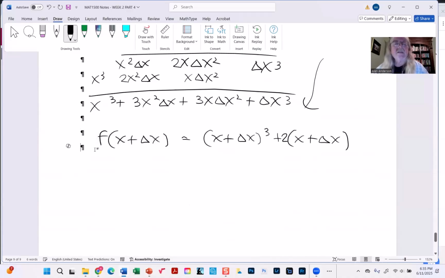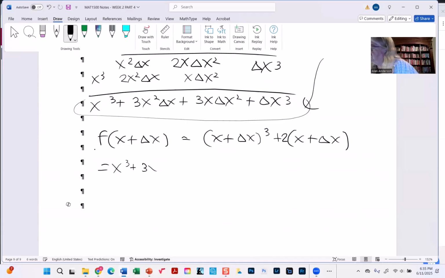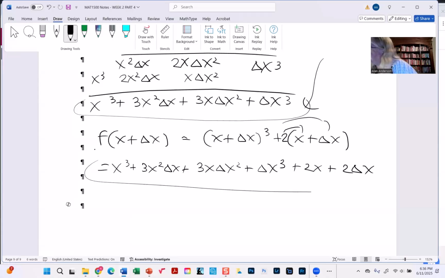So in other words, what I just did was just the first part. We still have these two terms. We have 2x plus 2 delta x. Okay, so this entire expression is just f of x plus delta x.